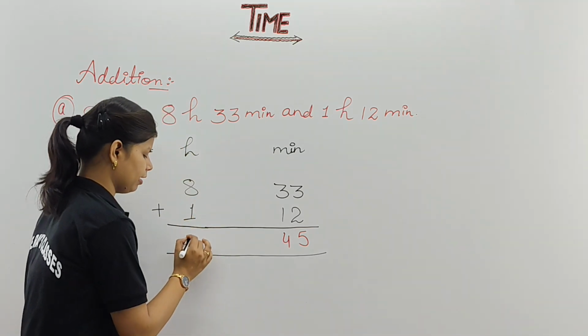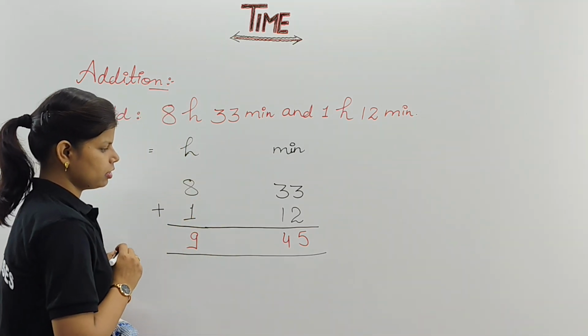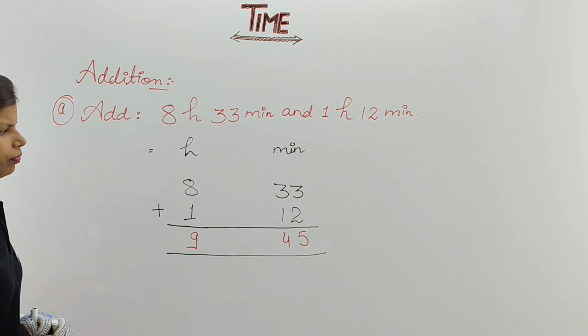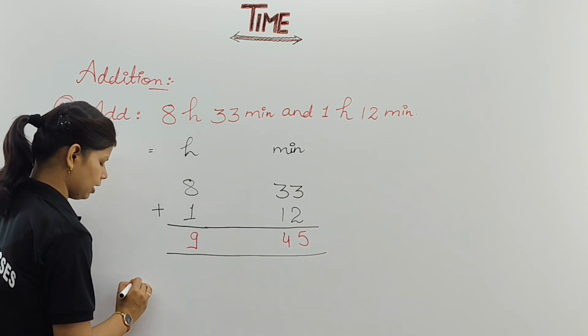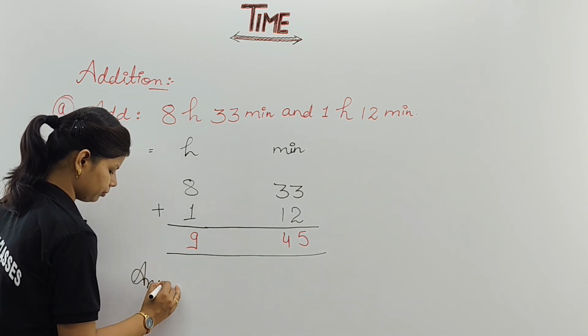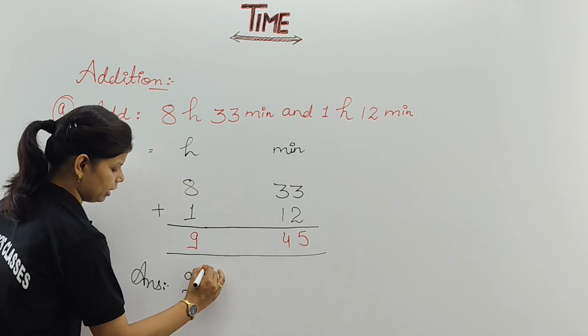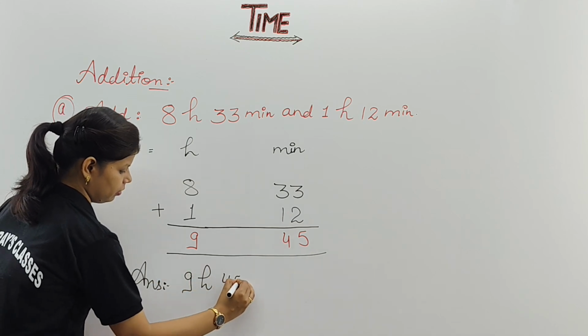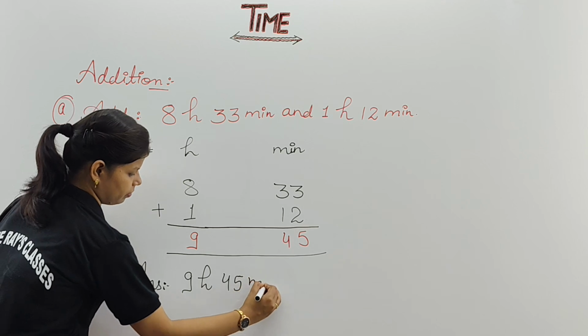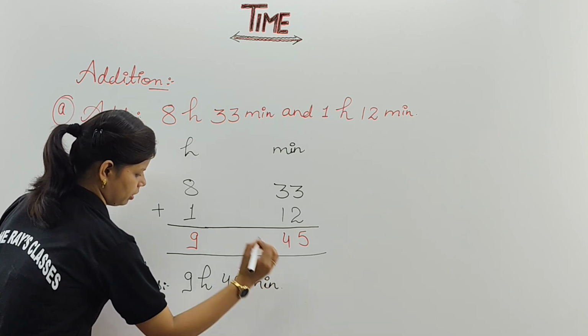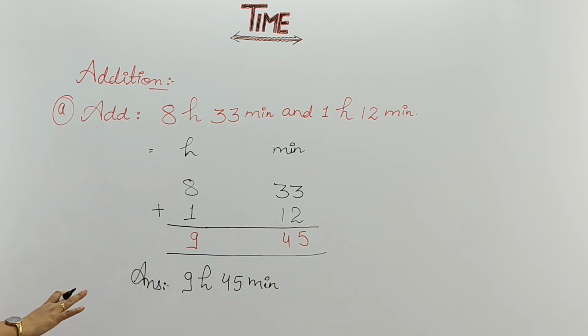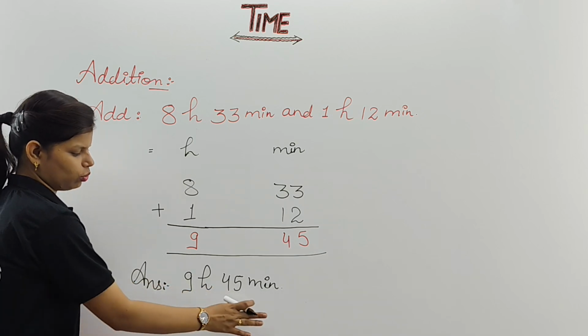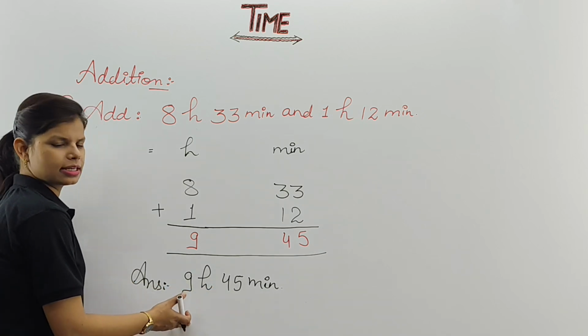Now 8 and 1 we are having 9. So when we talk about the simple addition of this one, our answer is 9 hours 45 minutes. Clear, no? Simple, there is no conversion, nothing we have to do, this is just the simple form.